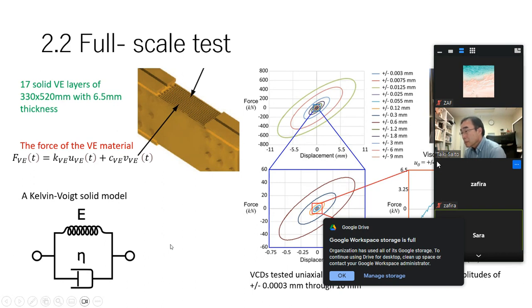As can be seen in this result, the backbone viscoelastic hysteresis is essentially the same from 0.003 millimeter to 9 millimeter displacement through the dampers.